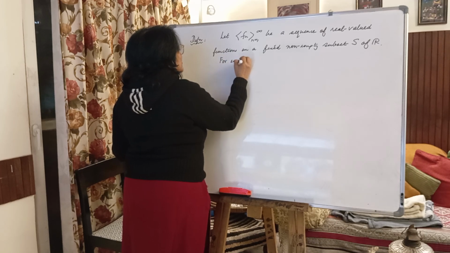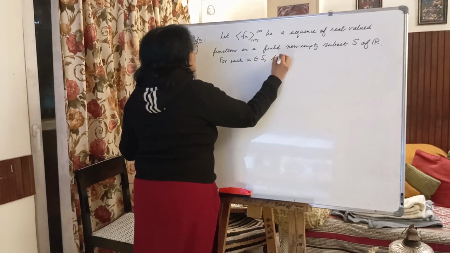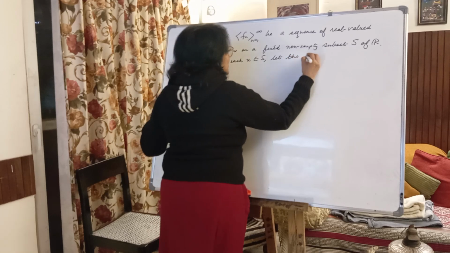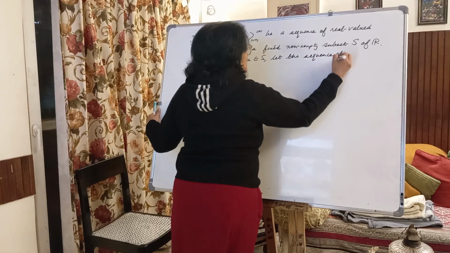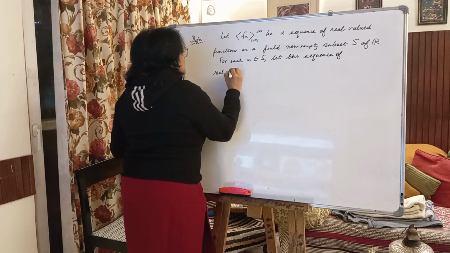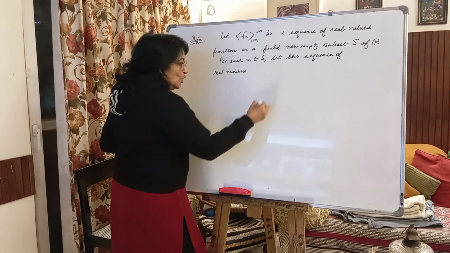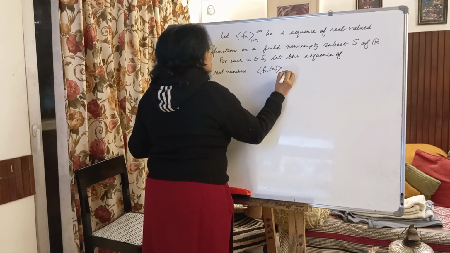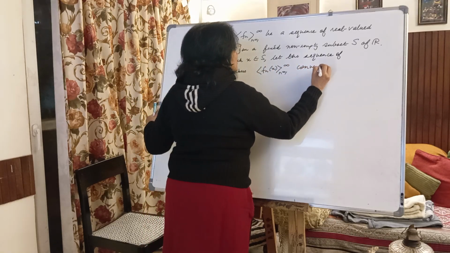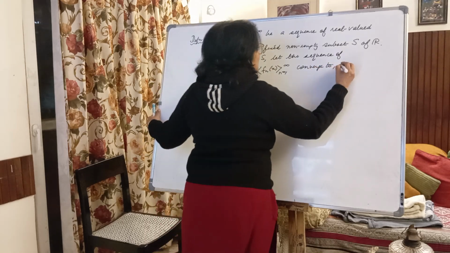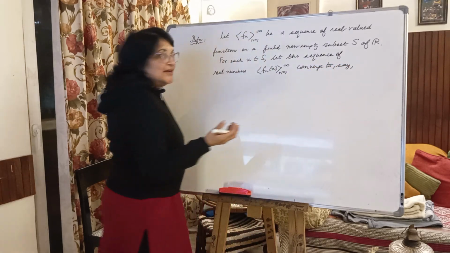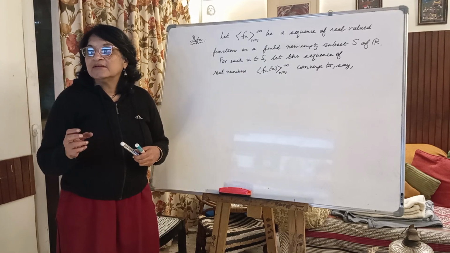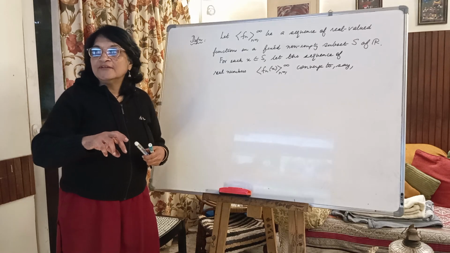For each x belonging to S, let the sequence of real numbers fn(x), the dot dot dot that I wrote in black, converge to, say, a limit. The limit will depend on x. Just like we did with the sequences which depended on x, the answer also depended on the value of x.